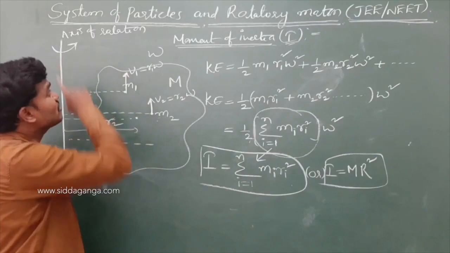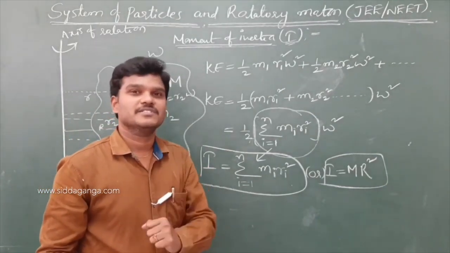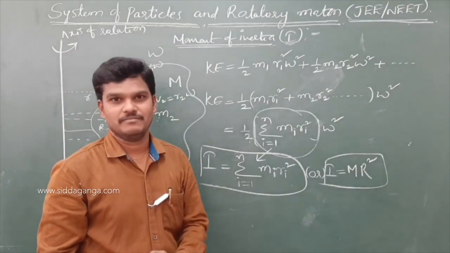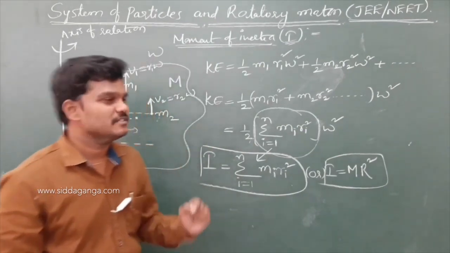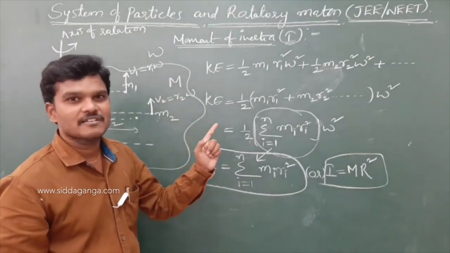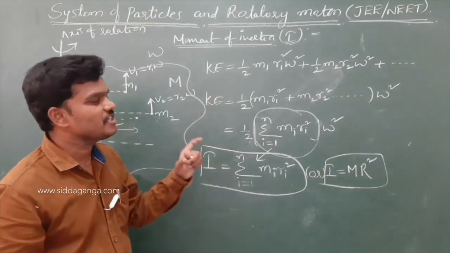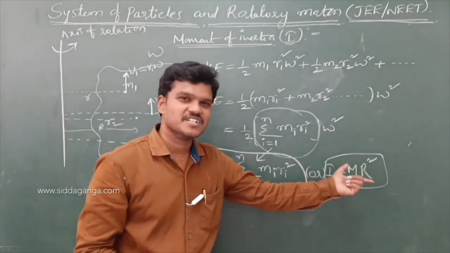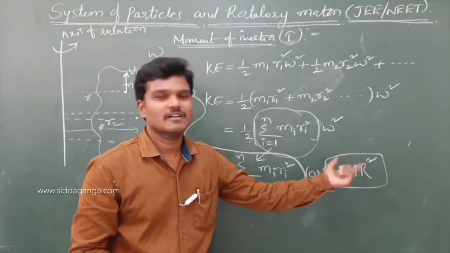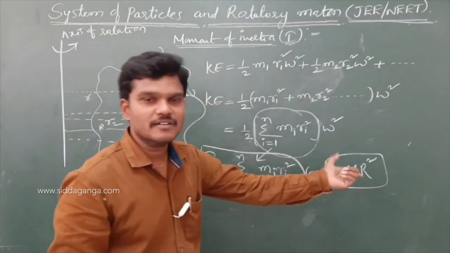It also depends on the density of the body. This property is used in systems of particles and rotating objects. It is a property of an object and it depends on mass and distance. Moment of inertia may be a scalar or a tensor.